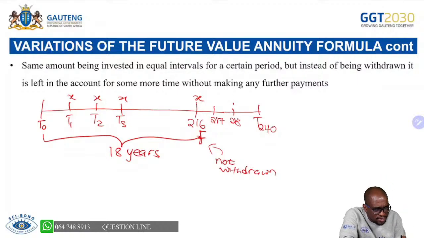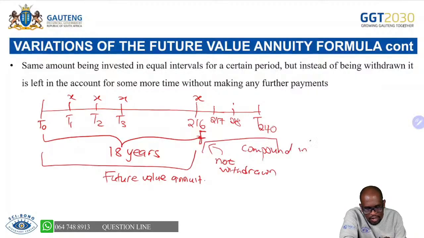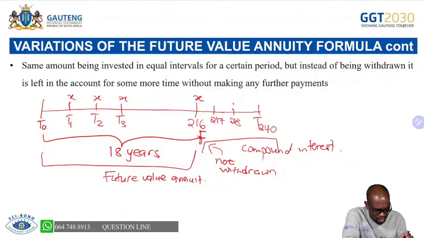So what happens is that for the first 18 years, I have what? Future value annuity. But for the next 2 years after that, I have compound interest. So what's going to happen to the formula is the following. You have your future value, right?